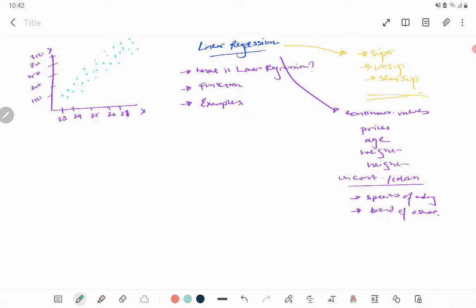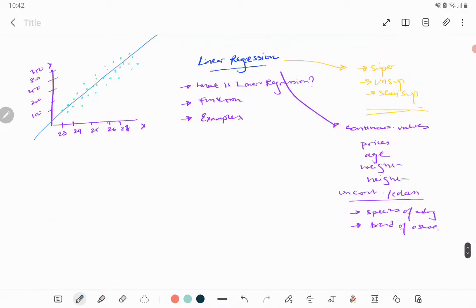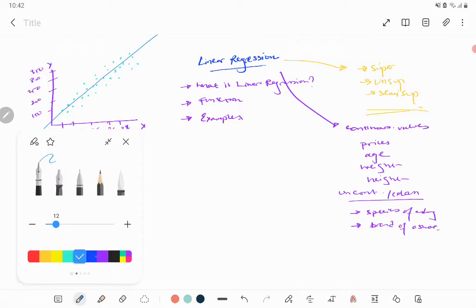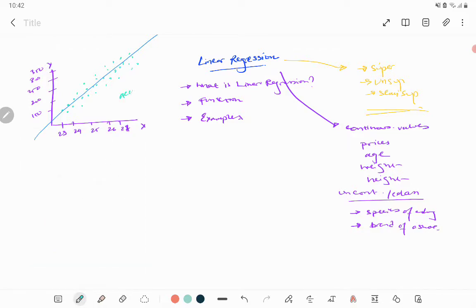So if I decide to draw a straight line through here, then this particular straight line will give me a very accurate estimate of my unseen data, right?